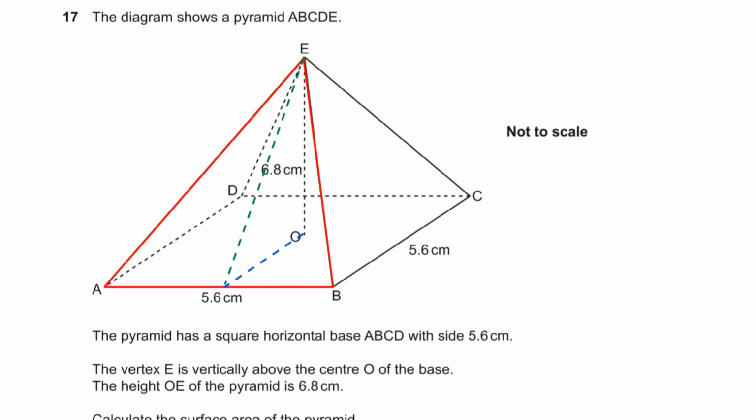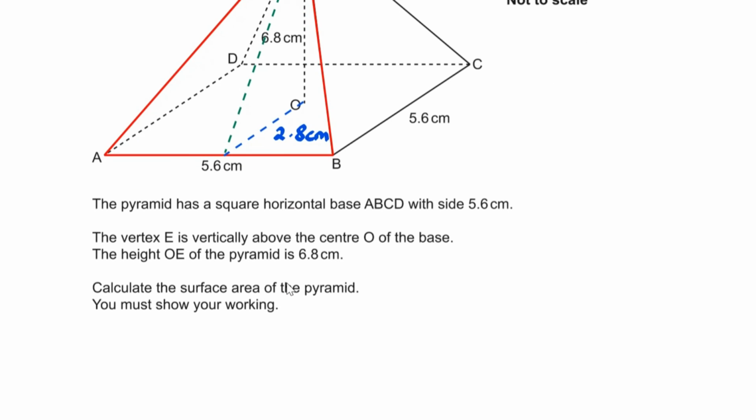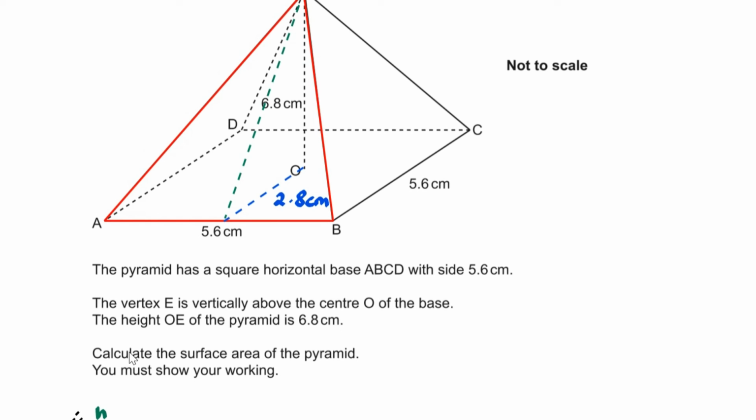Now this section in blue is half of the 5.6, which is 2.8 centimeters. So what we can do is find out the height of this triangle using Pythagoras. So using Pythagoras, we have this height, we'll call it h for now. So that is this length here.